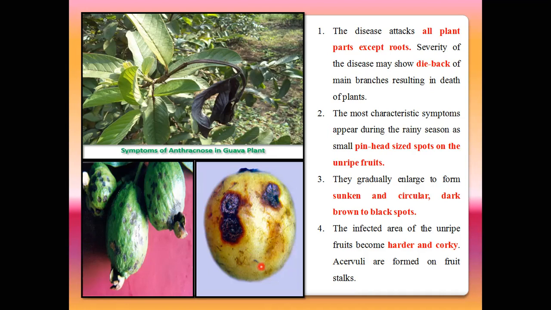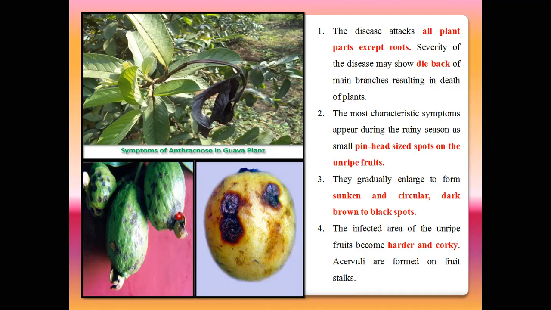Sometimes a whitish spore mass is seen on these sunken lesions in moist weather. Several such spots coalesce to form bigger lesions. The affected area in unripe fruits becomes corky and harder.